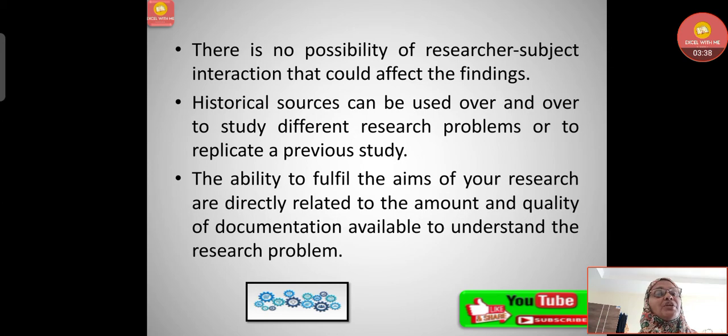Historical sources can be used over and over to study different research problems or to replicate a previous study. Again and again we can do the same thing to have proper and correct conclusions here. The ability to fulfill the aims of your research is directly related to the amount and quality of documentation available to understand the research problem.